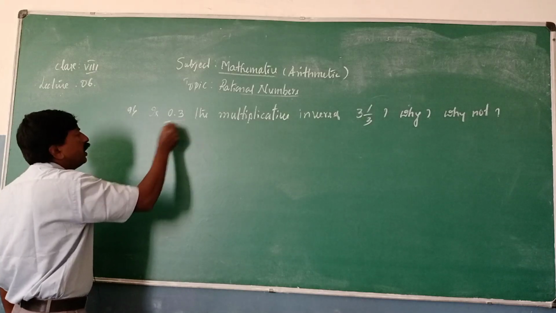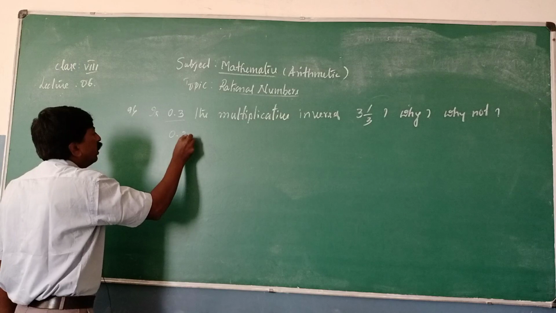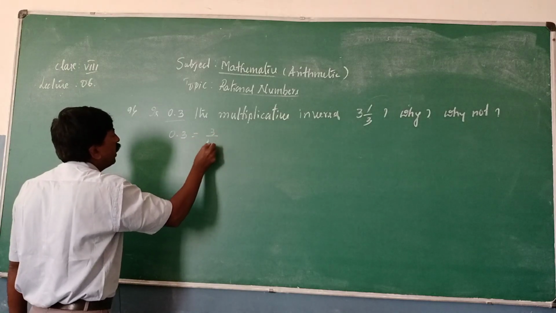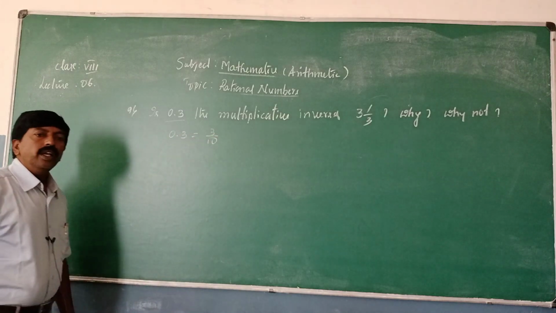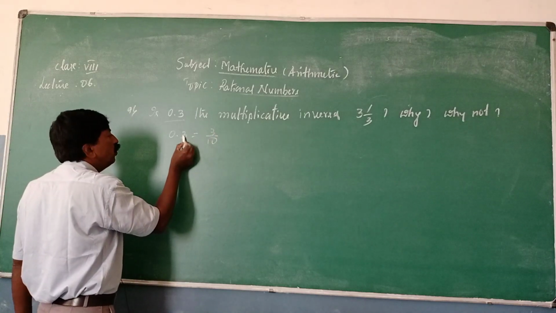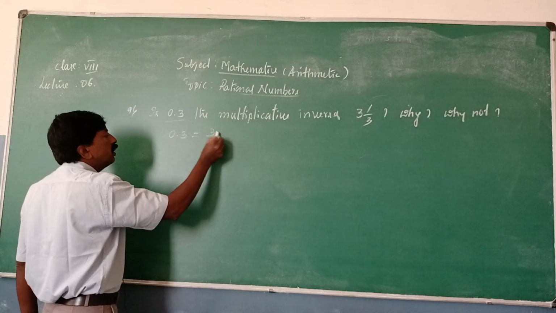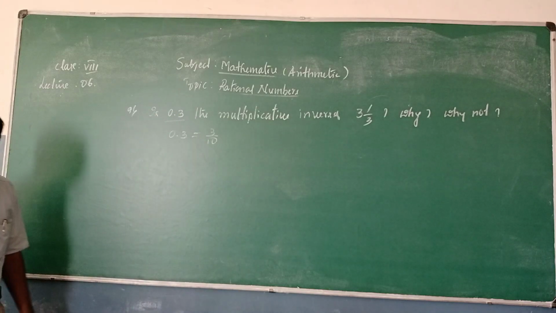So 0.3 is a decimal. So 0.3 can be written as 3 by 10, because 3 we write in the numerator and 10 in the denominator. So convert decimal to fraction.